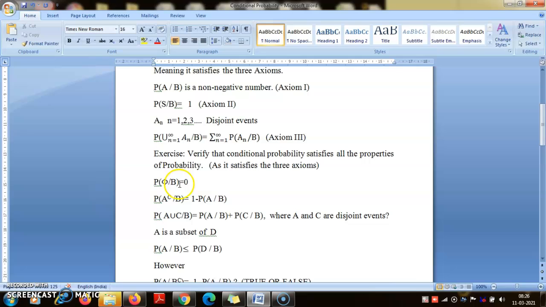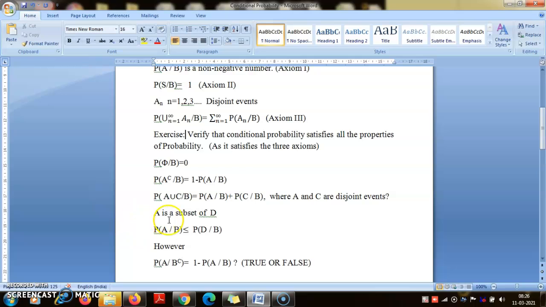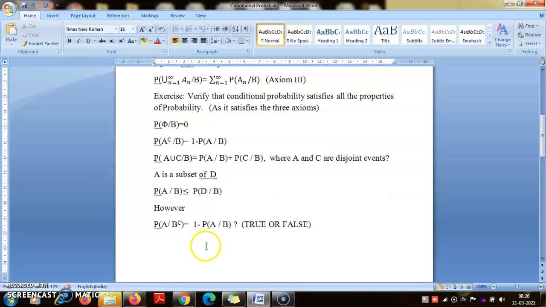So P of phi given B is 0, that you don't need to prove anymore. Probability of A complement given B is 1 minus probability of A given B, and if A and C are two disjoint sets, then it is additive in the same way. And if A is a subset of D, and B has positive probability, then the monotonic property is also satisfied.